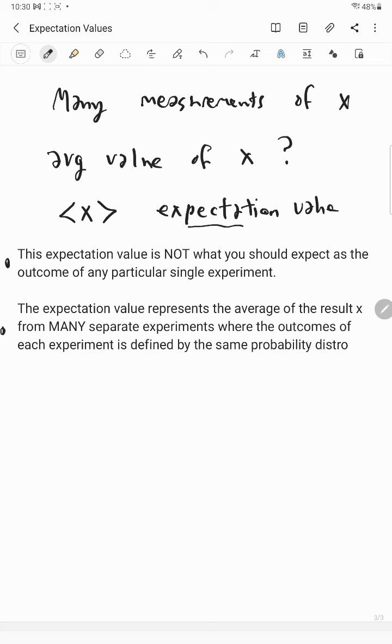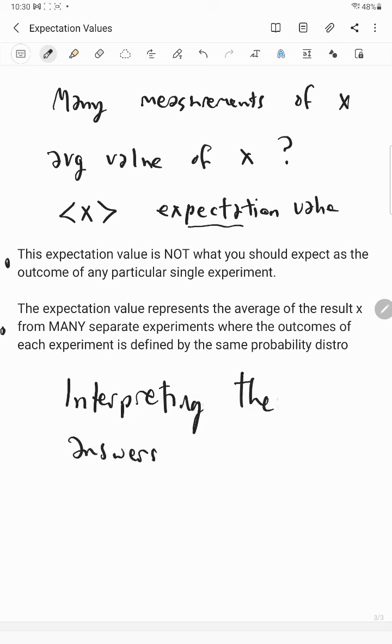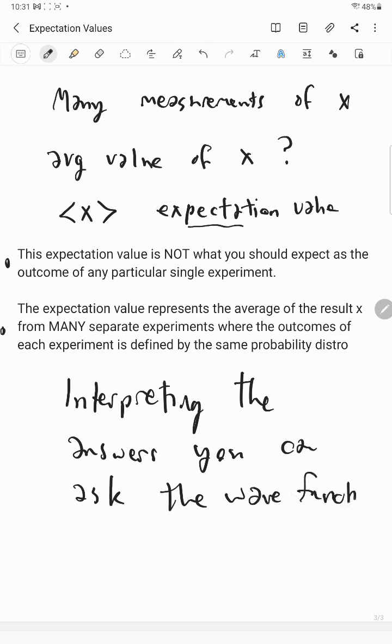It's got to do with interpreting the answers you can ask of the wave function. So this is something that you can ask the wave function. You can ask it for an expectation value of some measurable quantity.